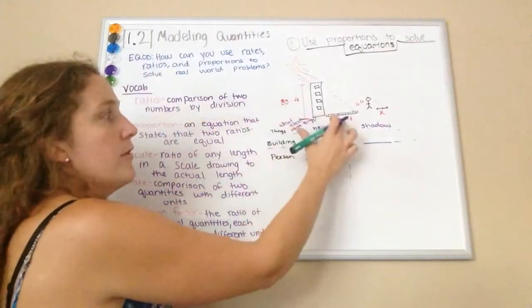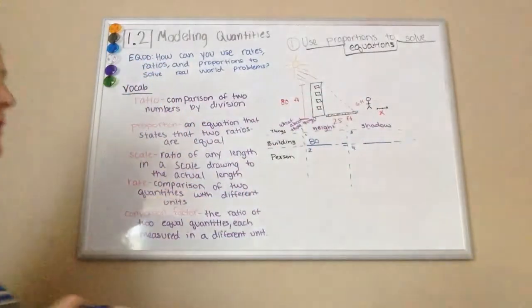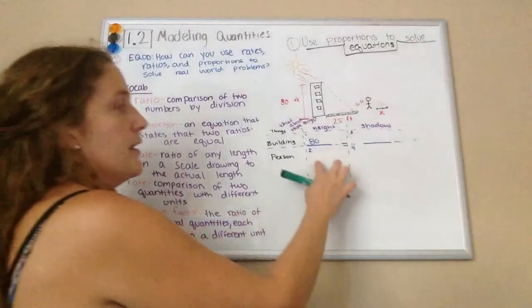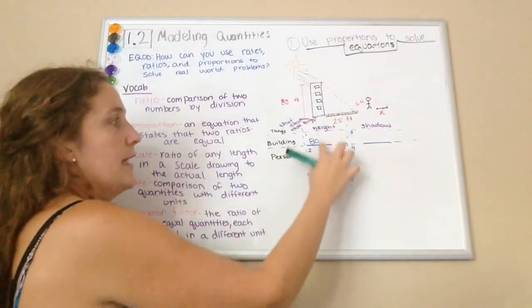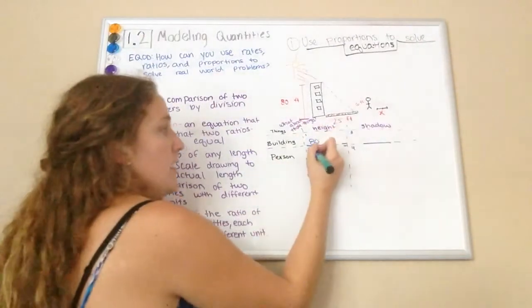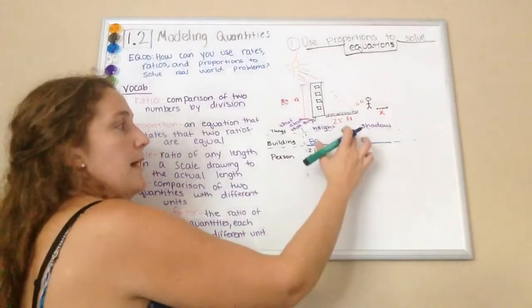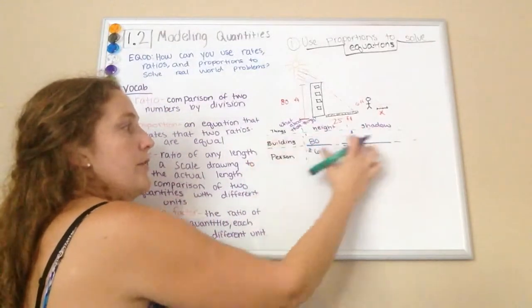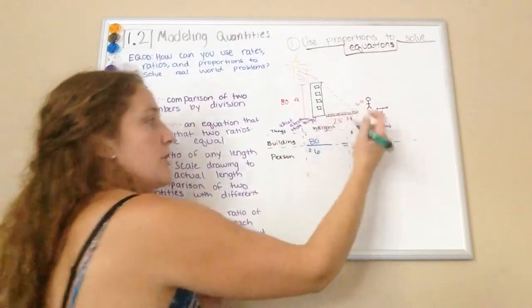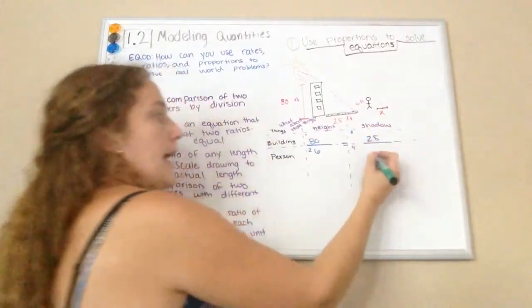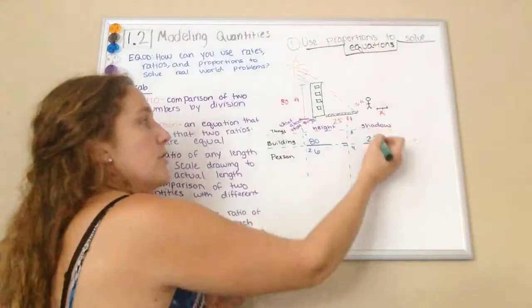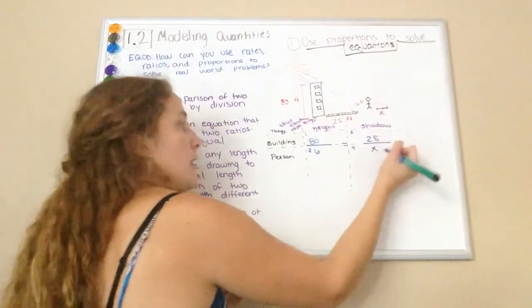Since all of them are in feet, I'm not going to include the units. Okay, in this box here, we're going to have the person's height. That's 6 feet. Remember, I'm not including the units here. In box 3, that is the building's shadow, which is 25. And in the last box, we have the person's shadow, which is x.